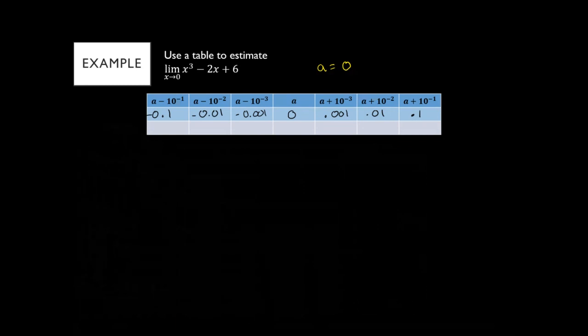So I'm going to fill in my table. 6.119. I have to be very careful about rounding. This rounds to 6.020, 6.002, 6.